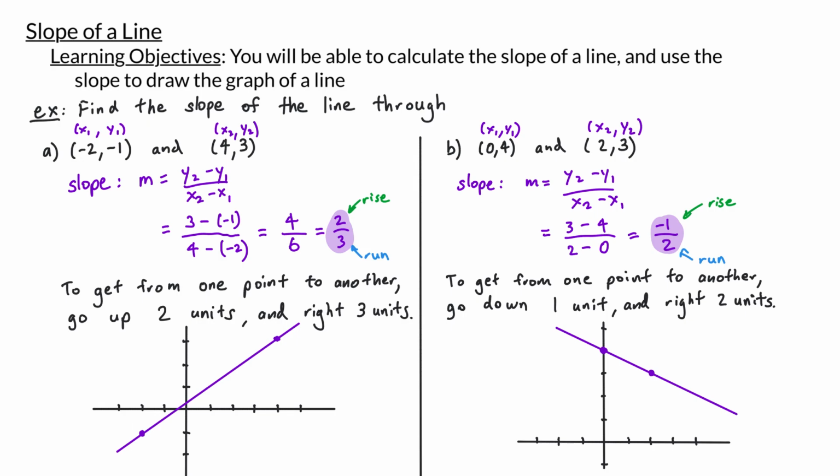So one thing to point out is that when your slope is positive, like in the first example, we see that our line goes up as we trace from left to right. On the other hand, if the slope is negative, like our second example, our line goes down as we trace from left to right. Next, let's look at calculating the slopes for horizontal and vertical lines.